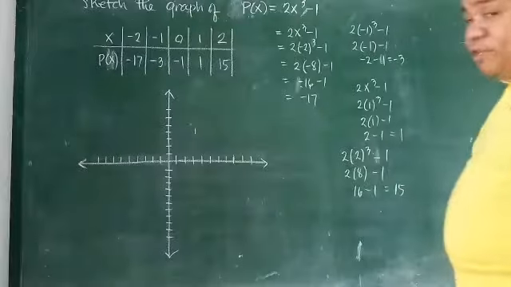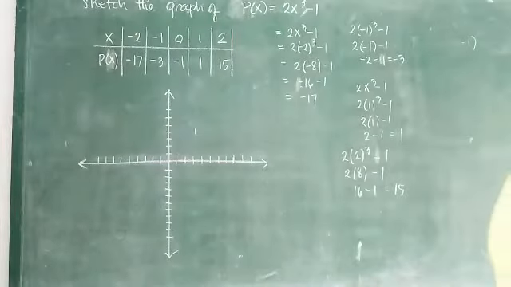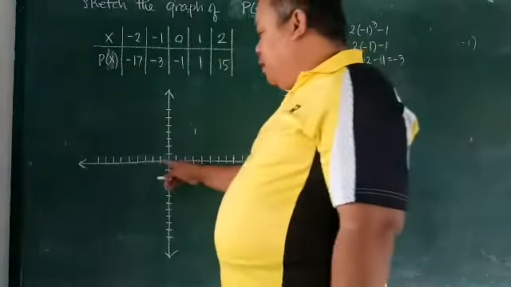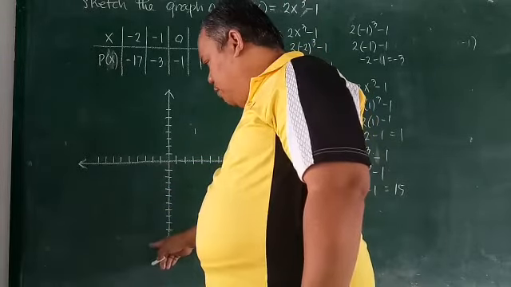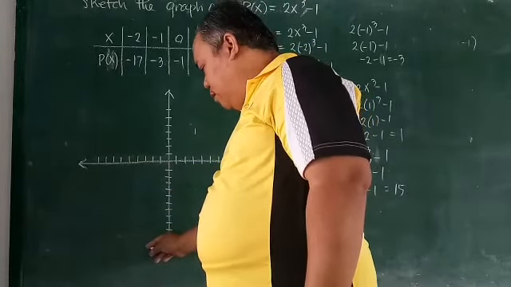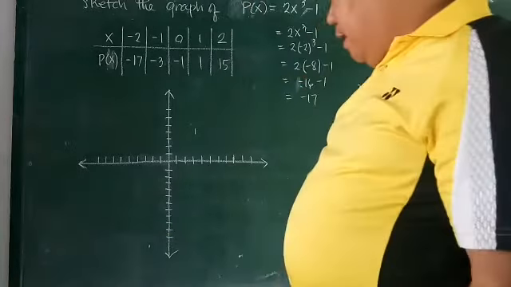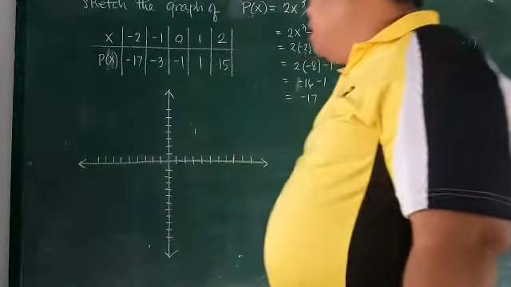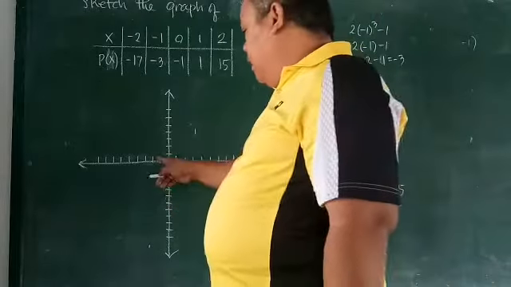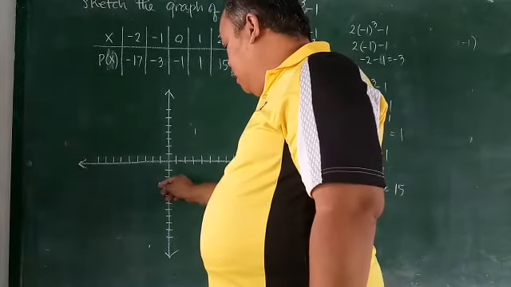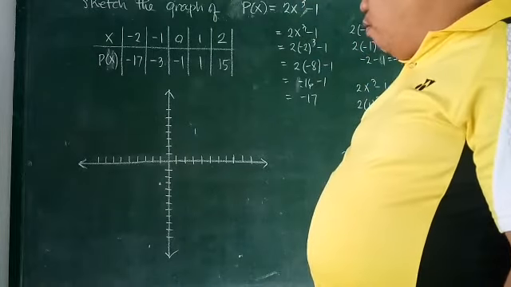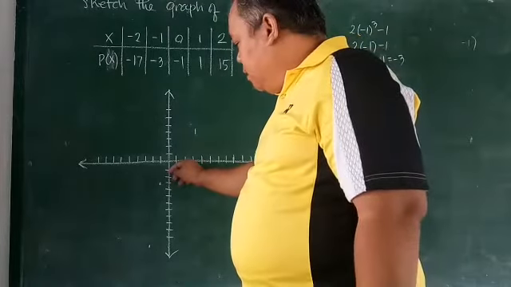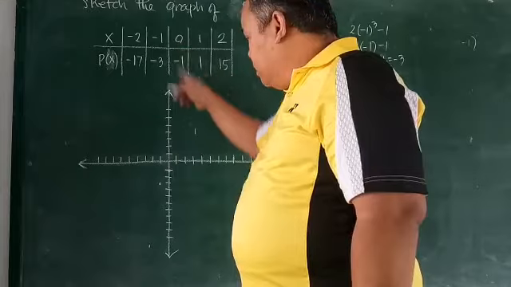Now, after that, we're going to plot the points. So it's negative 2, negative 17, which is down here. Then negative 1, negative 3. Then 0, negative 1, where x is 0 and y is negative 1.